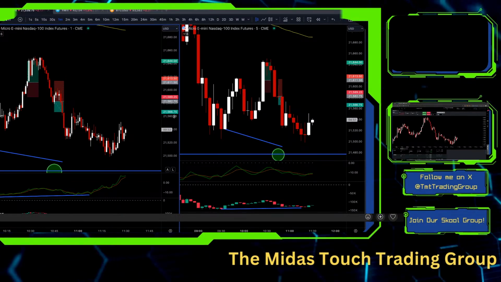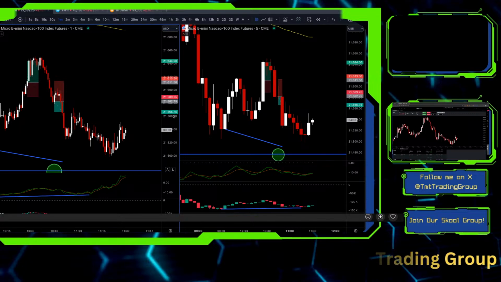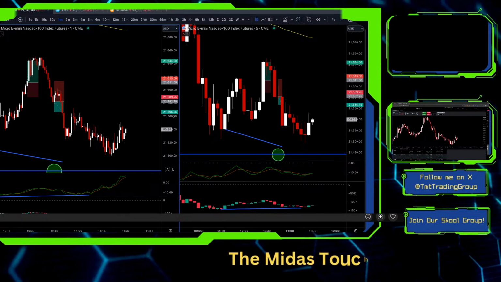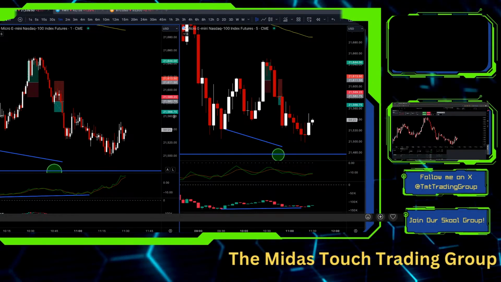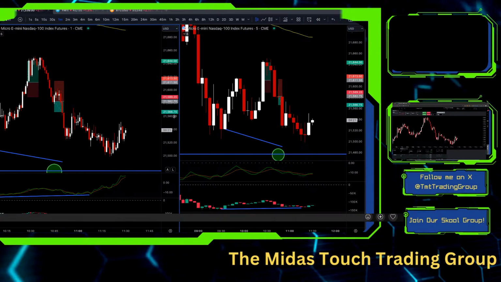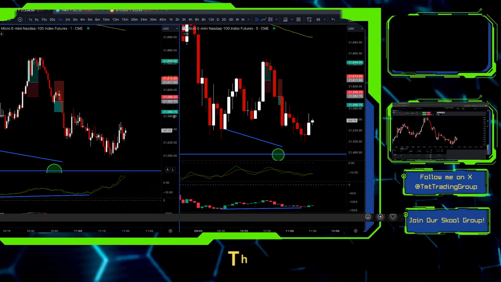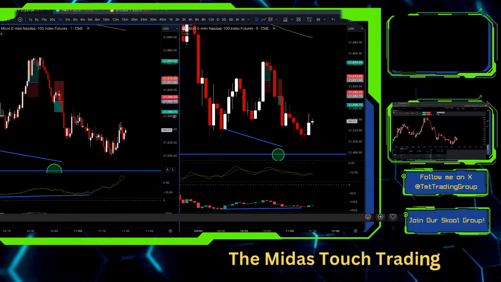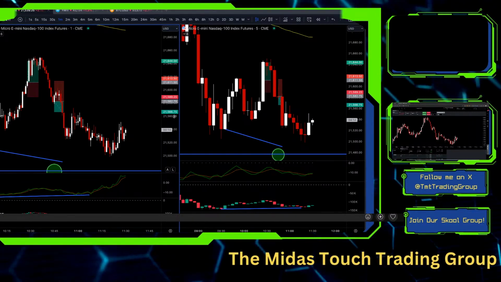You're going to know a little more about what price is saying, which is the hard part. That's why traders typically are not consistently profitable: they're not confident. They don't know what price is really saying.